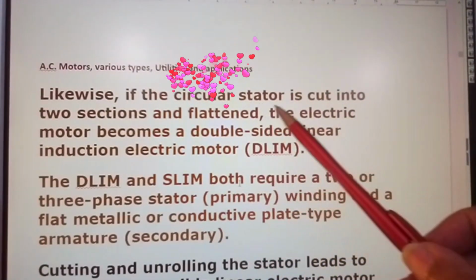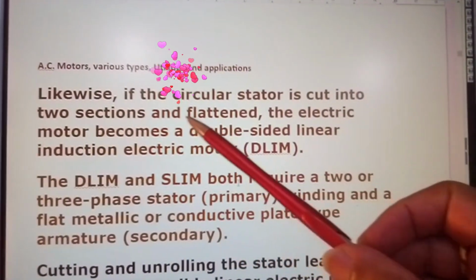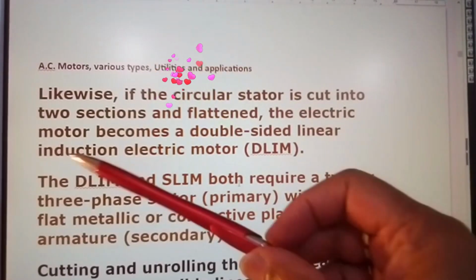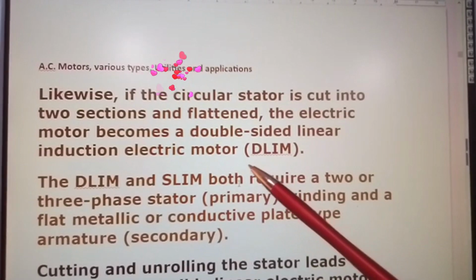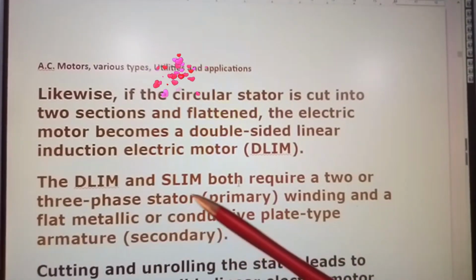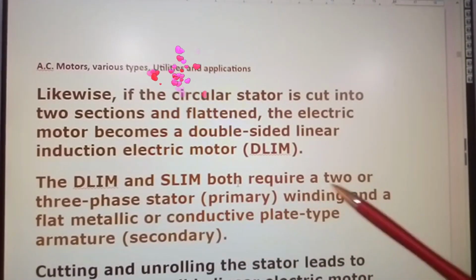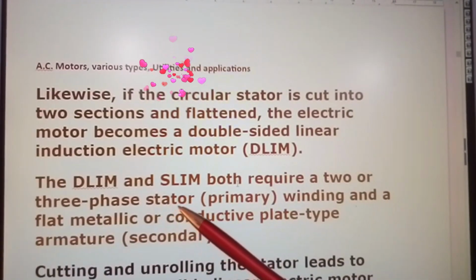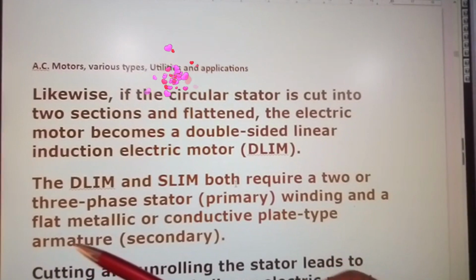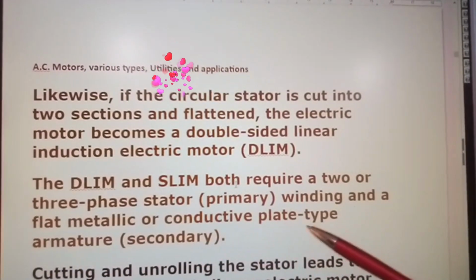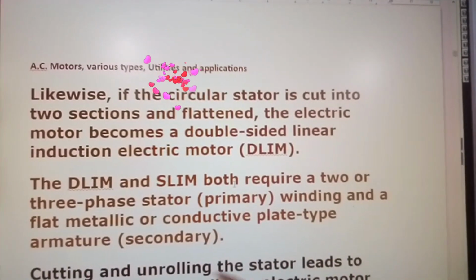Likewise, if the circular stator is cut into 2 sections and flattened, the electric motor becomes a double-sided linear induction electric motor. The DLIM and SLIM both require a 2 or 3-phase stator primary winding and a flat metallic or conductive plate type armature secondary.